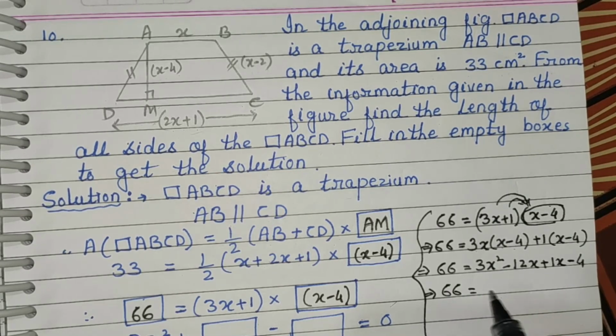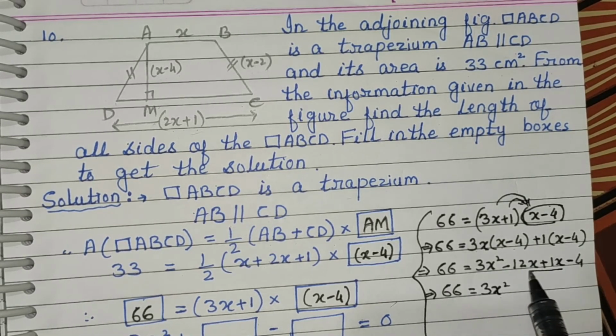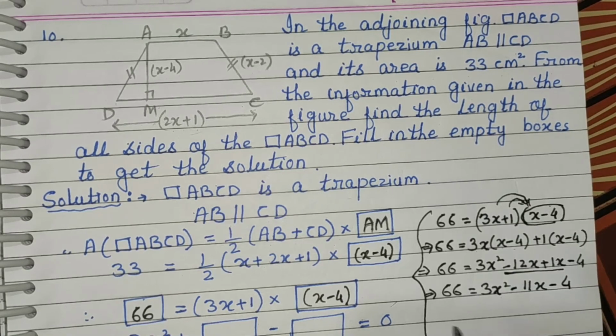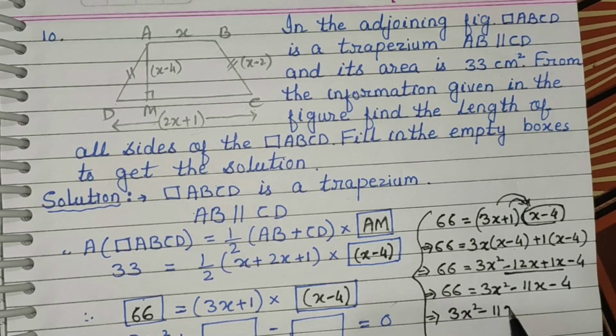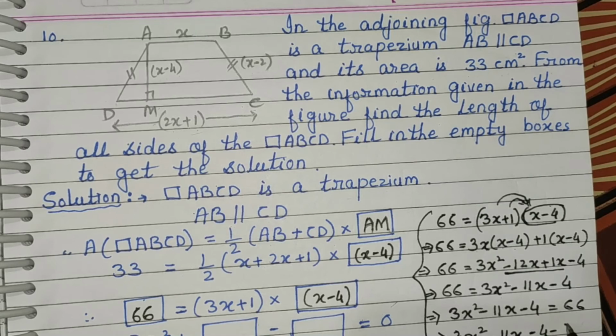Therefore, 66 is equal to 3x square. Now, both are like terms. Minus 12x plus 1x we get minus 11x minus 4. Therefore, it can be written as 3x square minus 11x minus 4 is equal to 66. Now 66 shifting to the left hand side, we get 3x square minus 11x minus 4 minus 66 equal to 0.